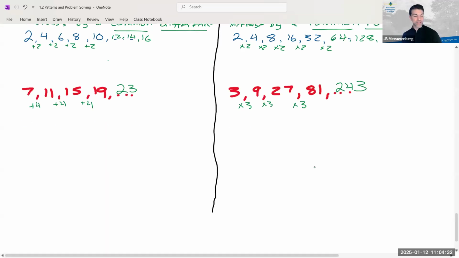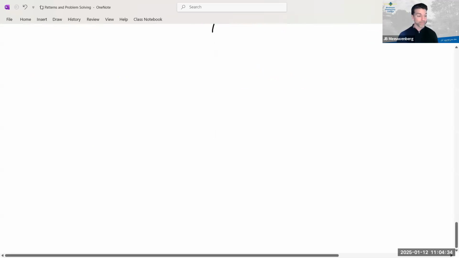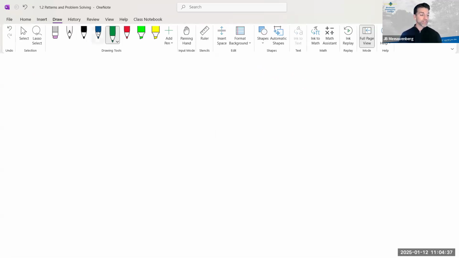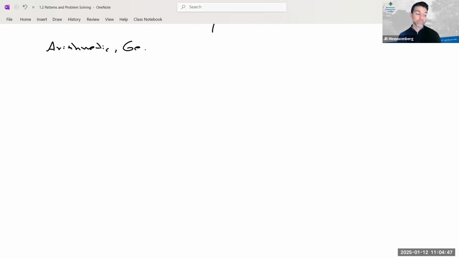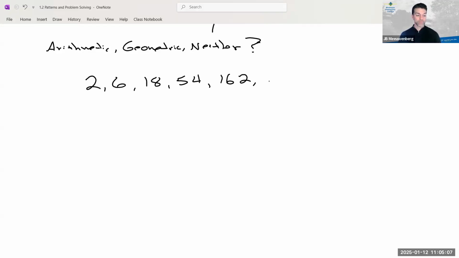And so just as a quick check for understanding, I'm going to give you 3 sequences, and your job is to identify each sequence as arithmetic, geometric, or neither. So that's your question. So here we go. The first one is 2, 6, 18, 54, 162.